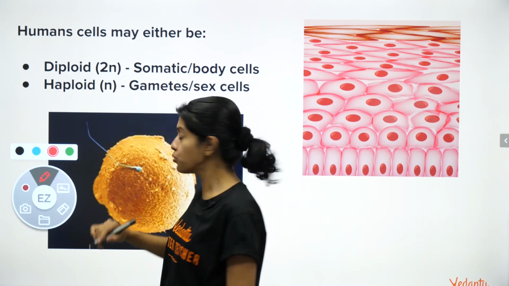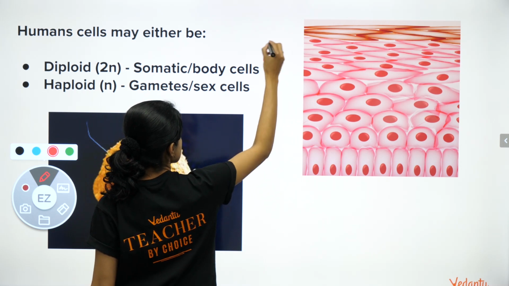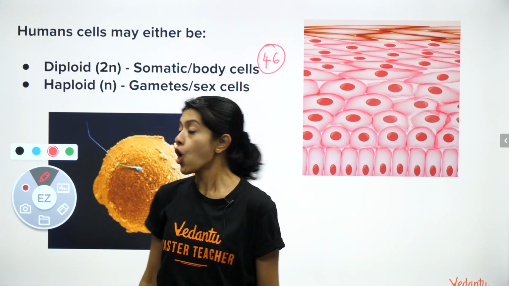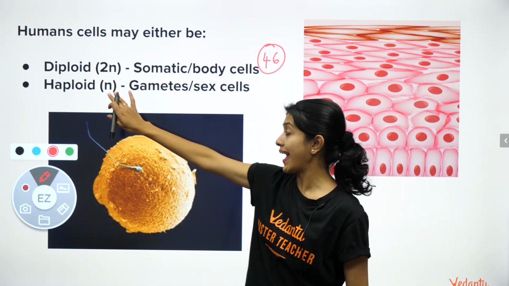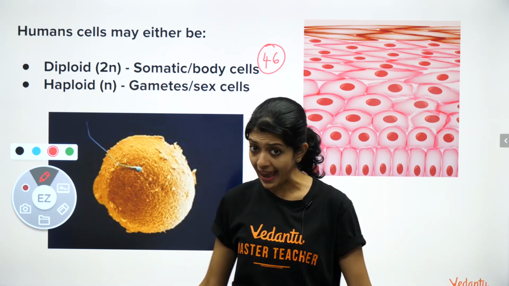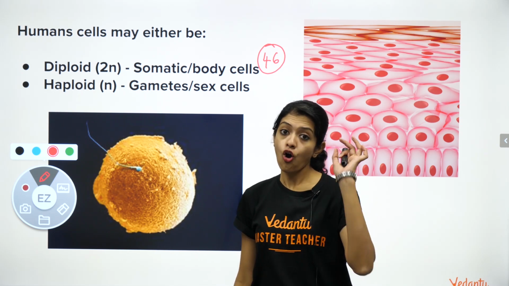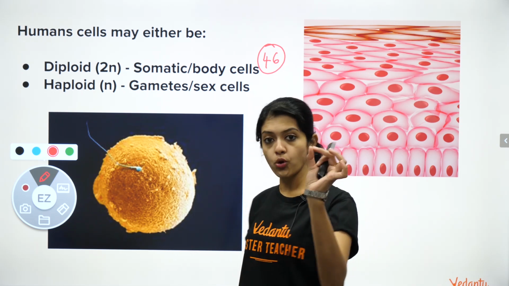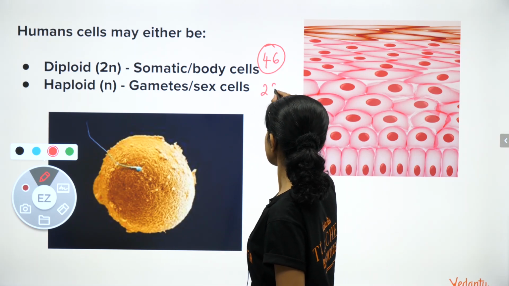Okay, in the case of a human being, this number would be 46, the diploid number. What about the other type, the haploid number, or N? We generally represent it as N. The haploid number in a human cell would obviously be half of this, which is 23.